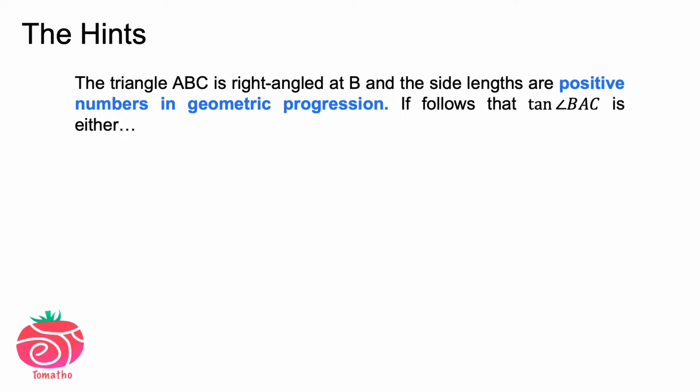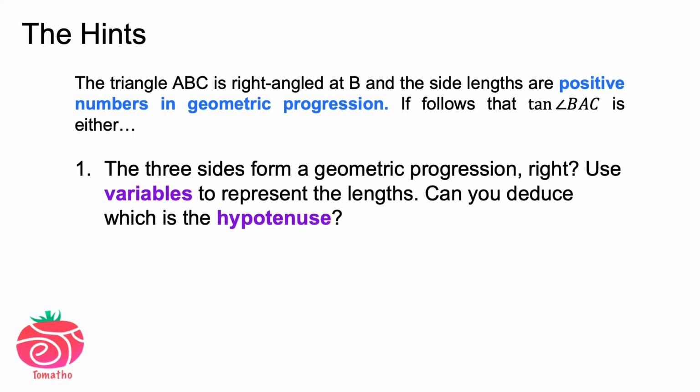Here are the hints for this question. As usual, the hints are progressive, so the latter hints will be closer to the actual answer. Feel free to pause the video at any point of time if you found inspiration from it. So the first hint, the three sides form a geometric progression, right?